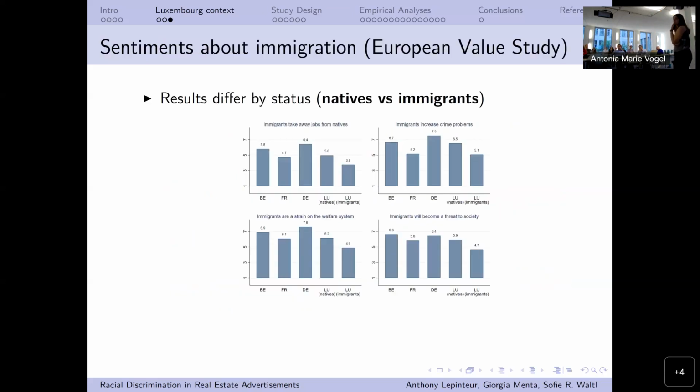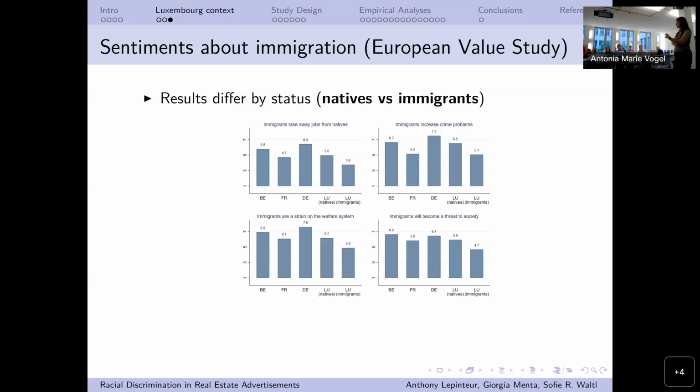Sentiments in general about immigration in Luxembourg. Luxembourg is always stated to be a very open society. And it's actually interesting that when you compare, here we checked some questions about feelings or sentiments towards migration, stated in the European Values Survey. And when you split Luxembourgish society into foreign-born and native, you can see that the native population is very similar to the other countries around.